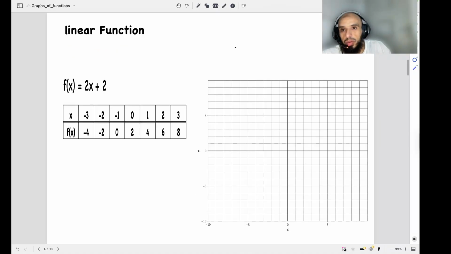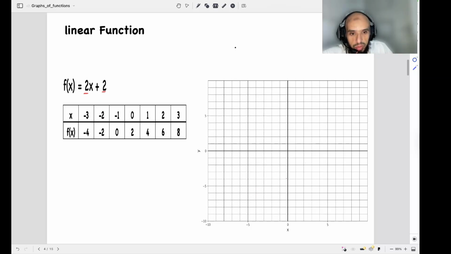If we take another form of the linear equation, where f of x is equal to 2x plus 2, and we substitute for the values here, 2 times negative 3 is negative 6, plus 2 it's negative 4. For x equal to negative 2, 2 times negative 2 is negative 4, plus 2, so f of x is equal to negative 2, and so on.